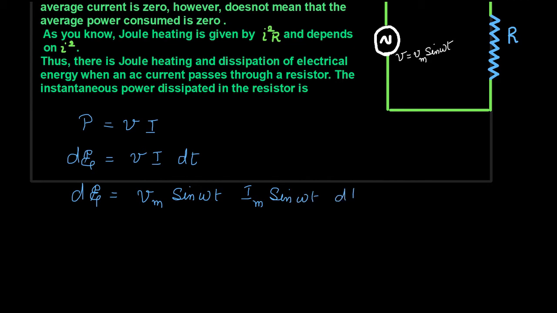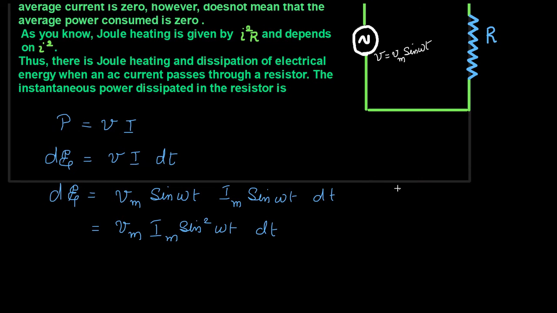So dE is equal to Vm Im sin squared omega t dt. Sin squared omega t can be written as (1 minus cos 2 omega t) by 2.